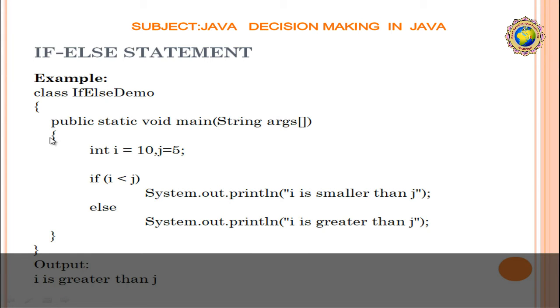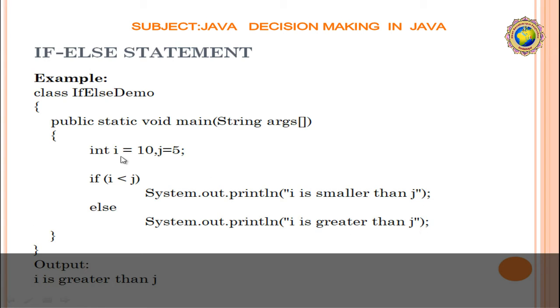See, in the example we have given the values of i and j, same as the if statement. Here the condition is: if i greater than j, System.out.println i is smaller than j, else System.out.println i is greater than j. That means if the condition is fulfilled, then i is smaller than j, otherwise i is greater than j.